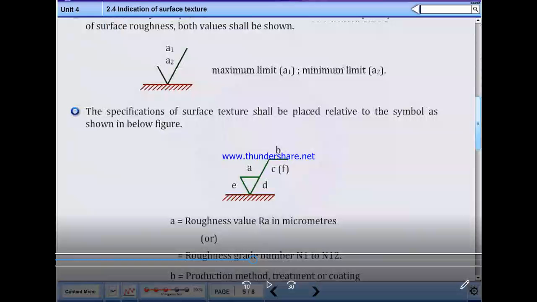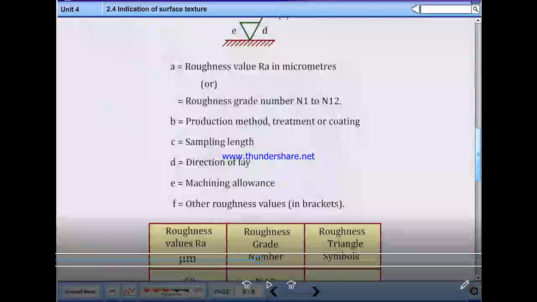Note down, where A is the roughness value Ra in micrometers or roughness grade number N1 to N12. B, production method, treatment or coating. C is sampling length, D, direction of lay, E, machining allowance, F, other roughness values in brackets.